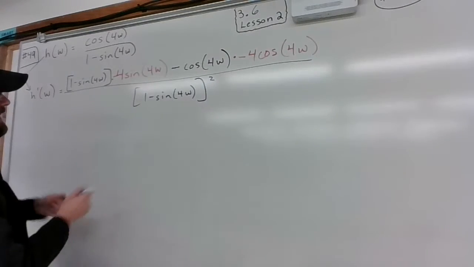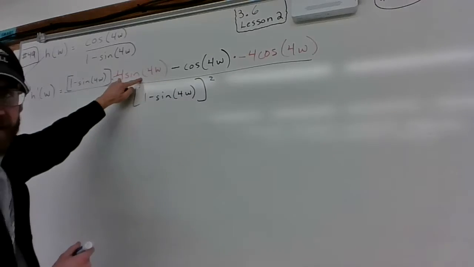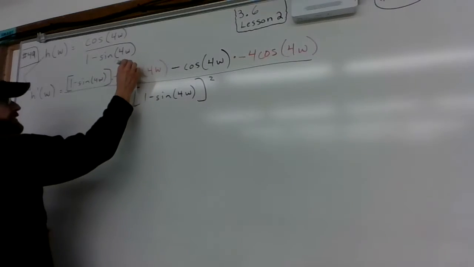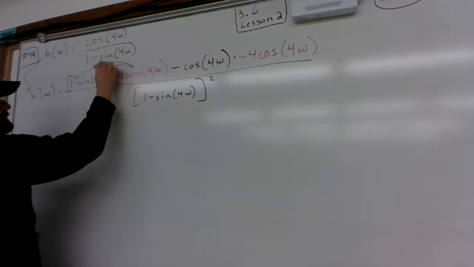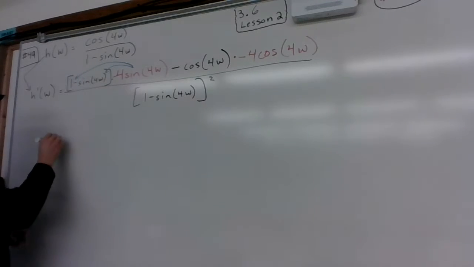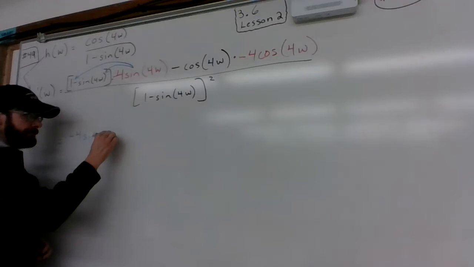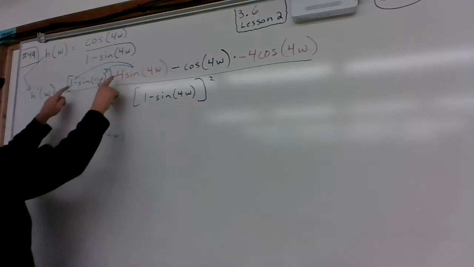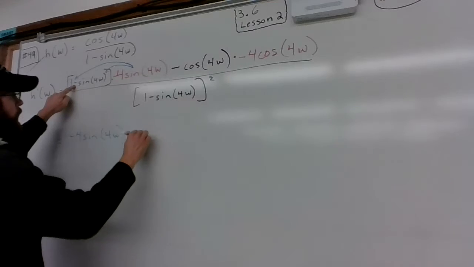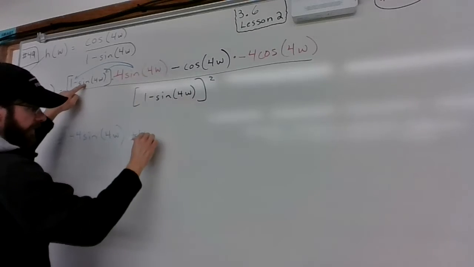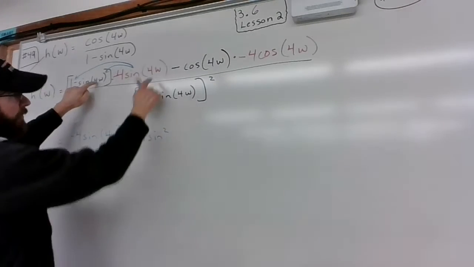So at this point, we can take our negative 4 sine 4W, distribute it to both parts in here to see what happens. So you get negative 4 sine of 4W plus 4 sine squared of 4W.